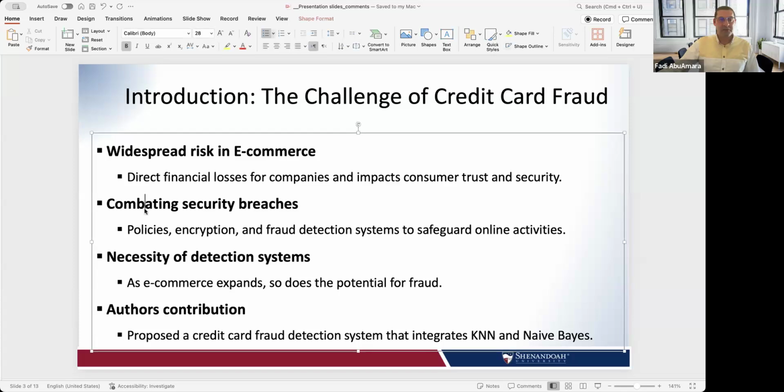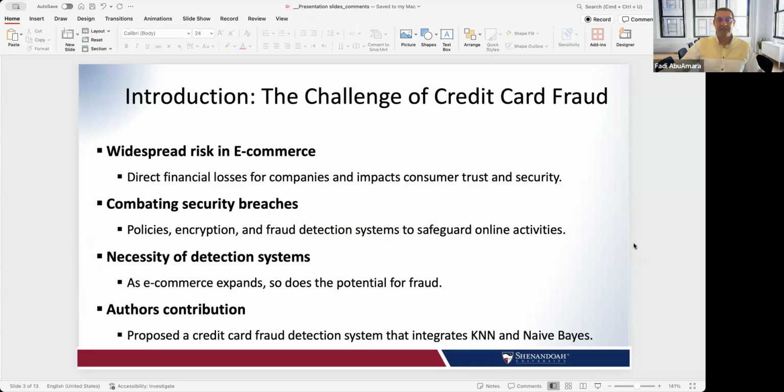So the second point, we speak about combating security breaches. Organizations implement different administrative and technical controls to protect data and transactions. These measures include policies, encryption, and fraud detection systems to safeguard online activities.